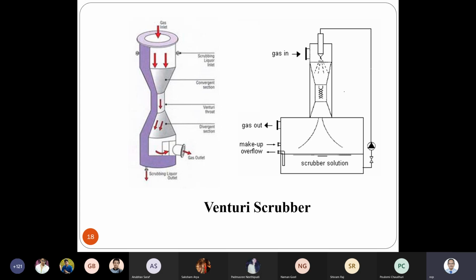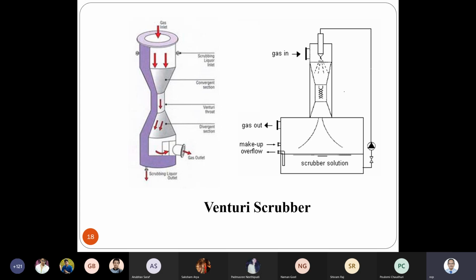This is another view of how the gas and liquid are contacted. The gas is sucked in by this liquid jet, this is the contact area, and this is the gas liquid separation zone. You'll get the scrubbing solution, the liquid, out.